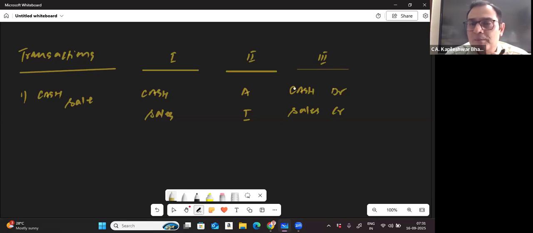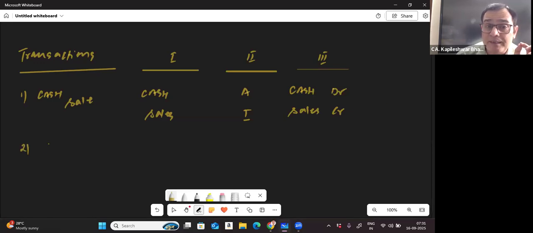So cash gets a debit and sales as an income gets a credit. If you apply the rules, the cash is increasing, the asset is increasing, therefore cash gets a debit, and sales is an income, it always gets a credit. Wonderful. Let's take more examples.